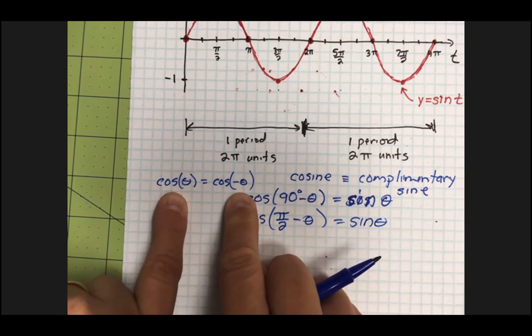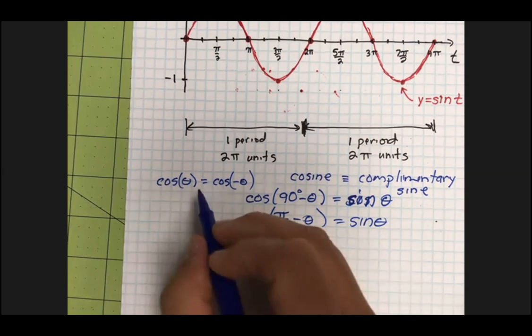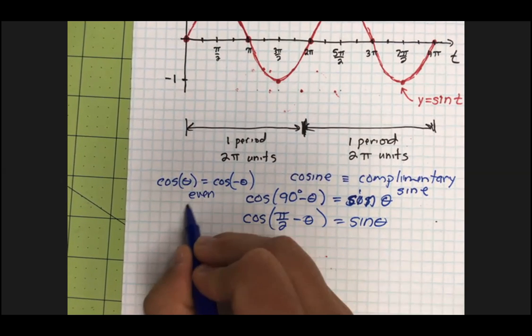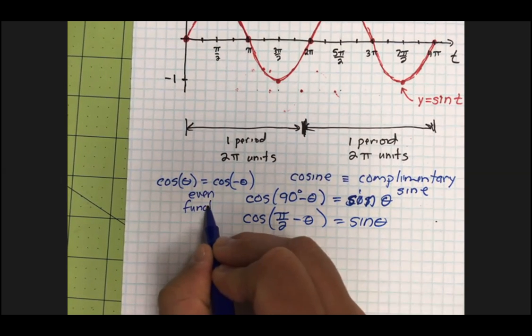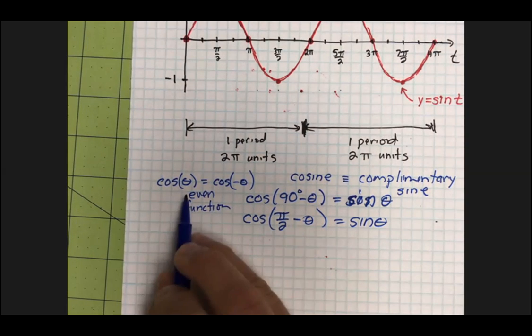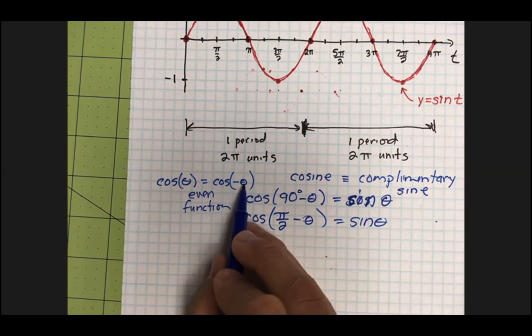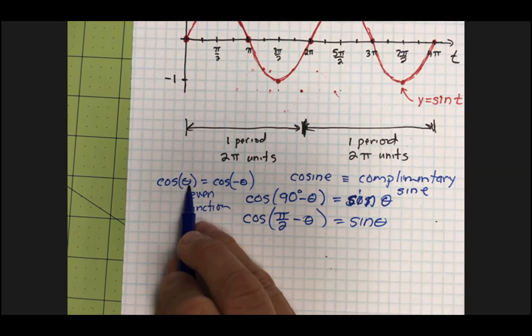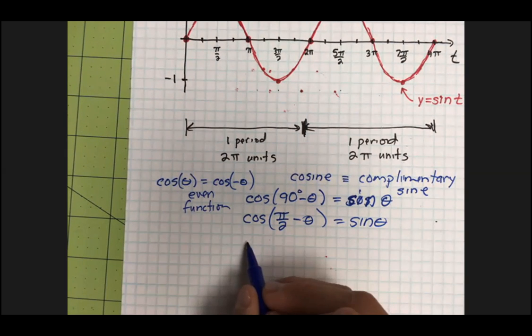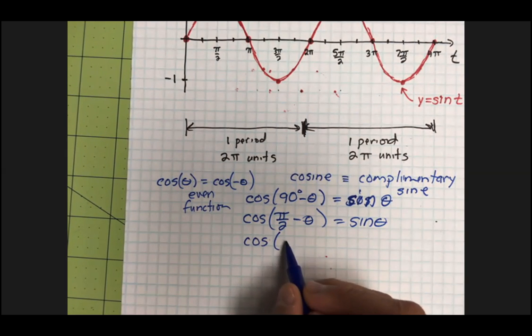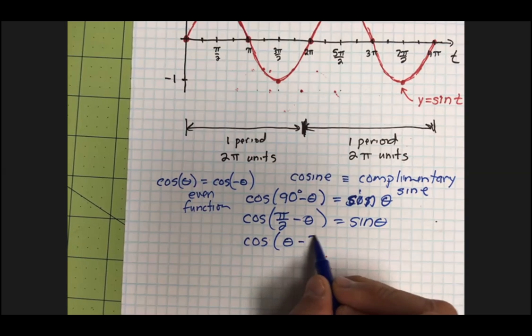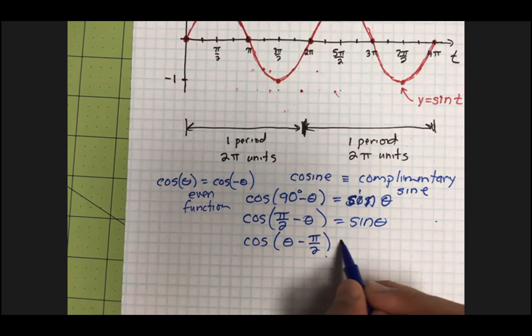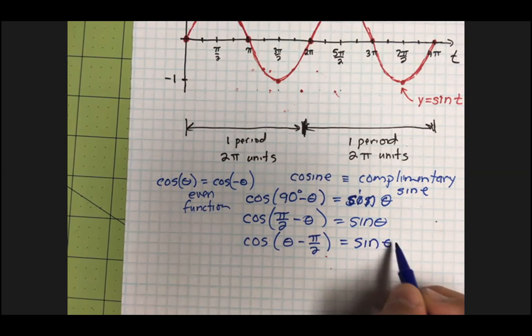And we call that an even function. So I could take the theta and multiply by -1, and I'd still get the same cosine that I started with. I can rewrite this as cosine of theta minus pi over 2 is the same as sine of theta.